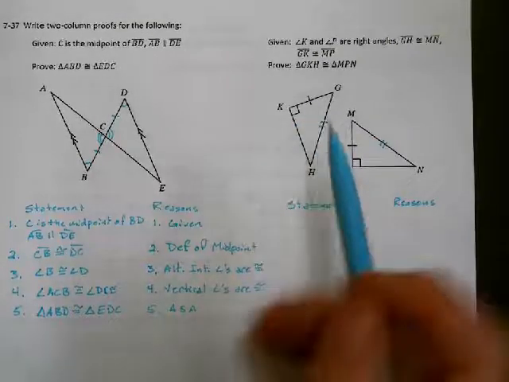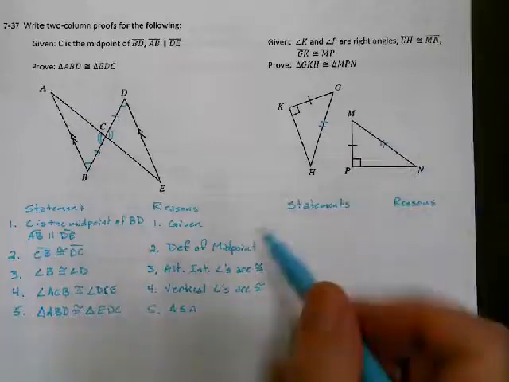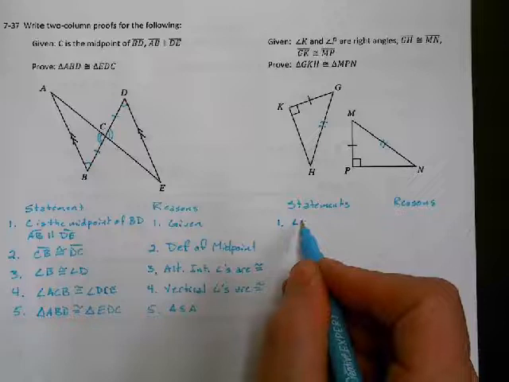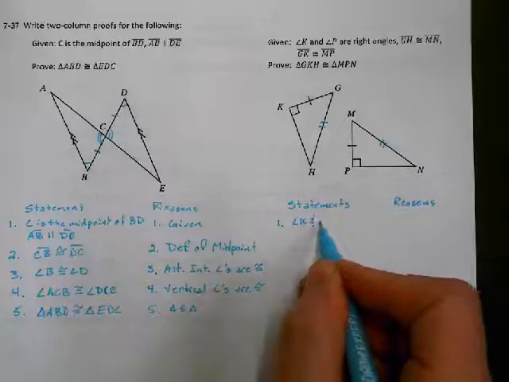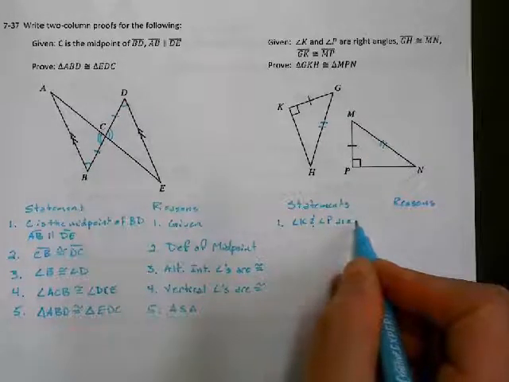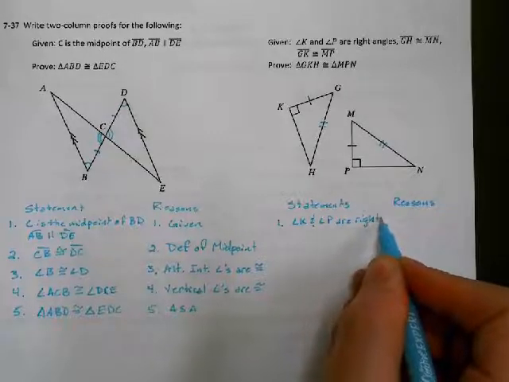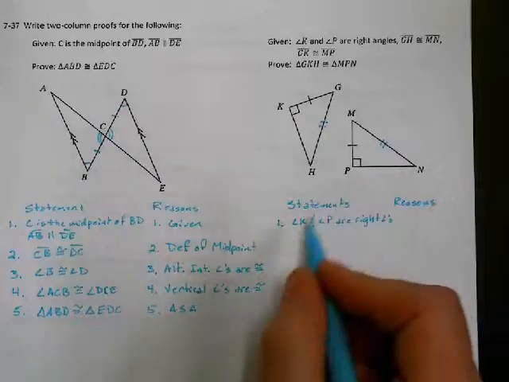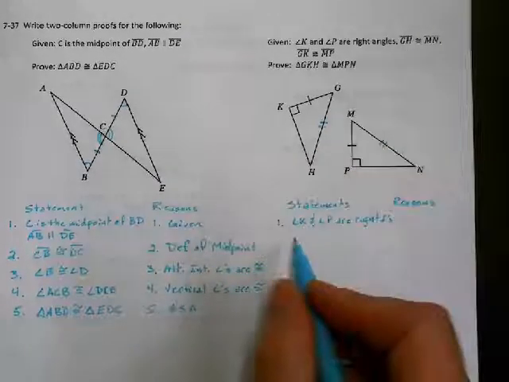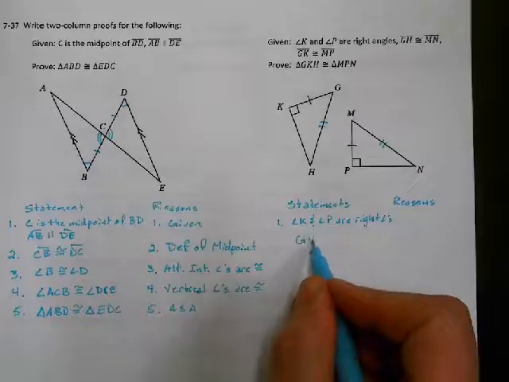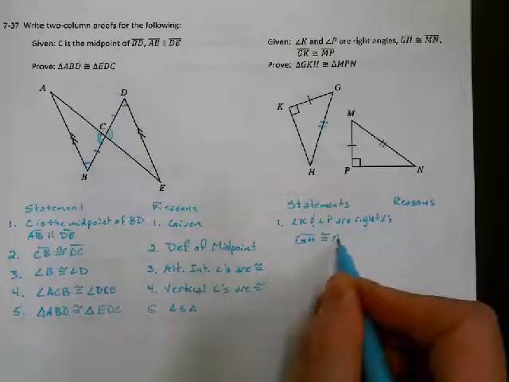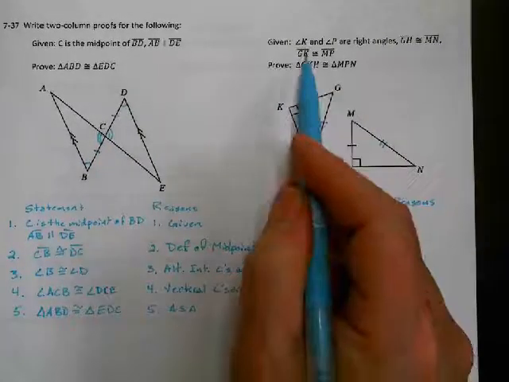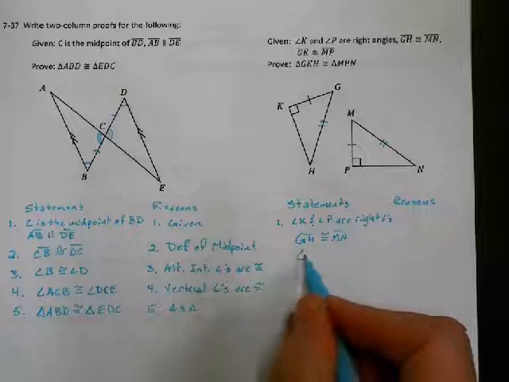I actually have in the given everything I need. I know that angle K and P are right angles. That's the first thing that I need for HL. I know that GH is congruent to MN. That was these two tick marks here. And I know that GK is congruent to MP.